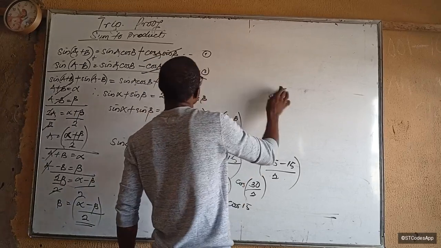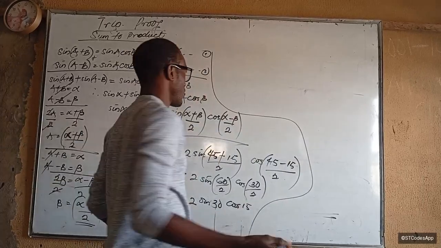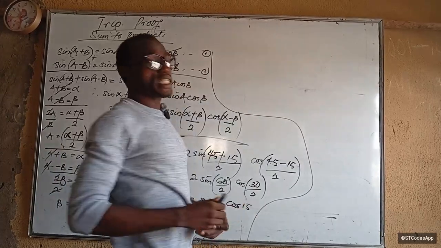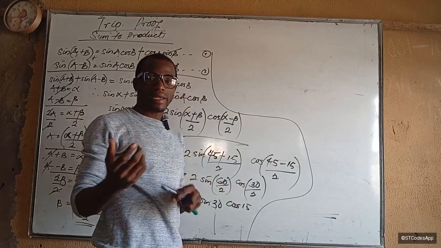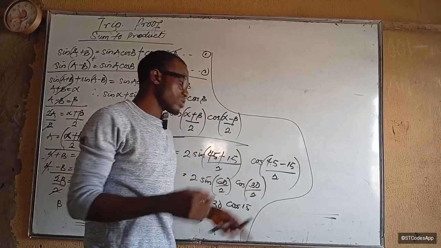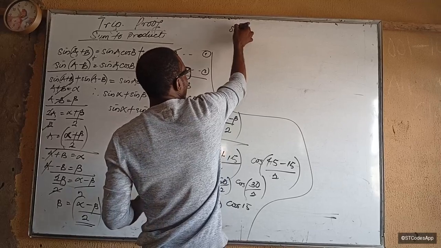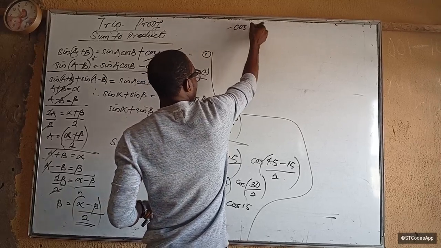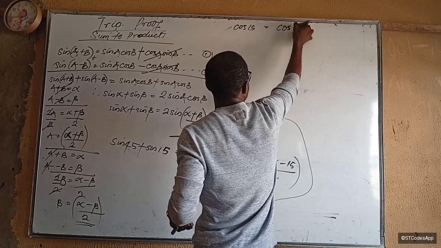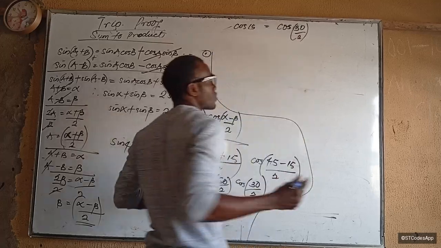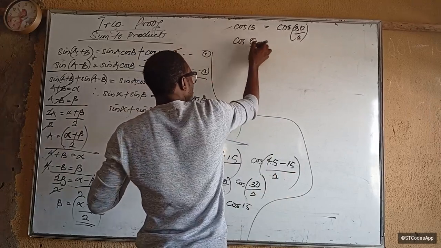You have to do another identity to even find this. Cosine of 15. For example, we know the special angles, sine of 30, cos 30. Cos 30, for example, is root 3 over 2. But cos 15 will be the same as cos 30 over 2. So what we'll try to do is generate an identity for the cosine of an angle over 2.